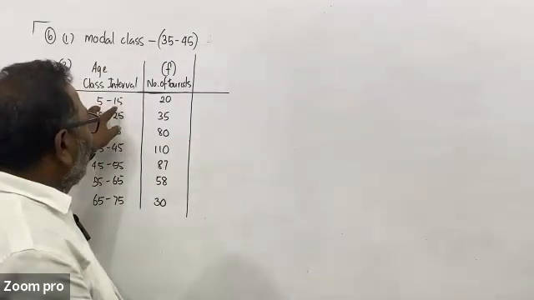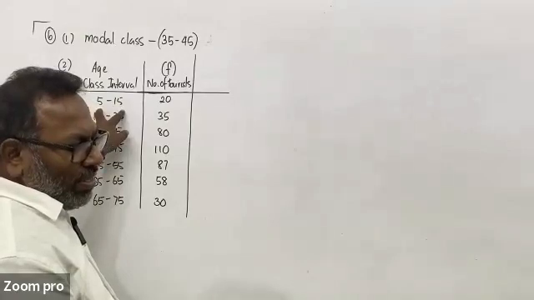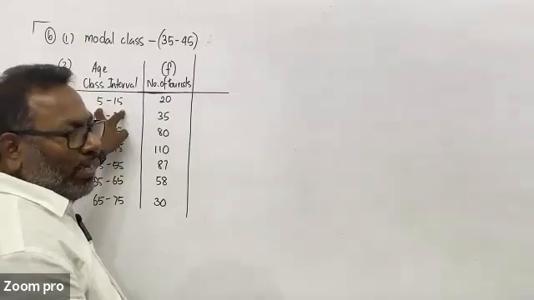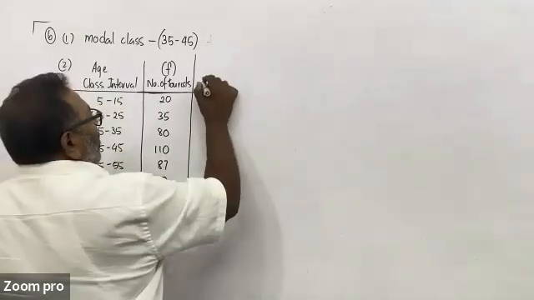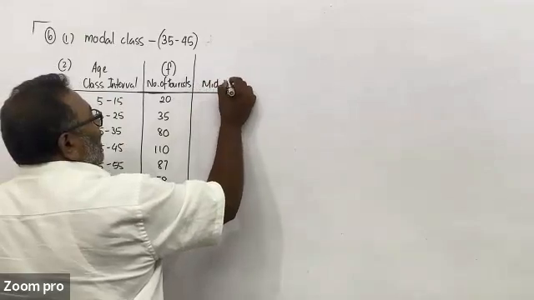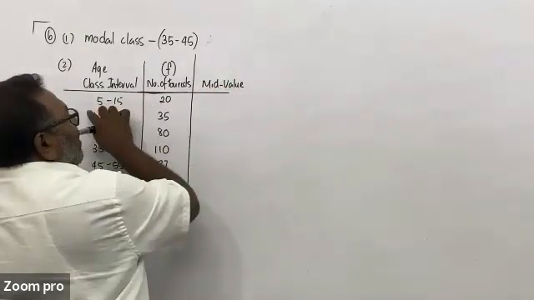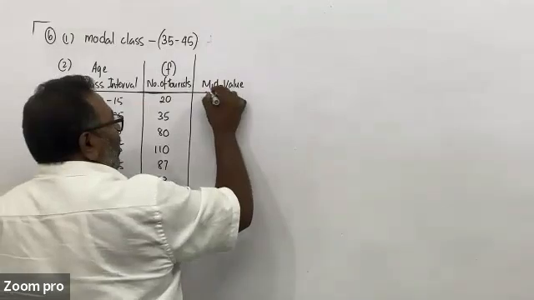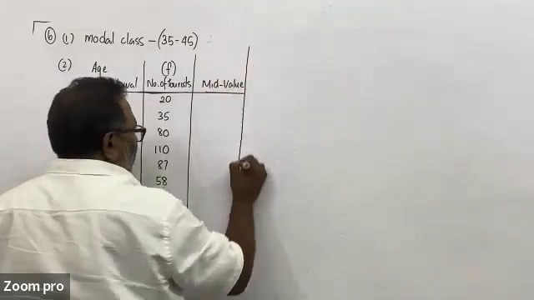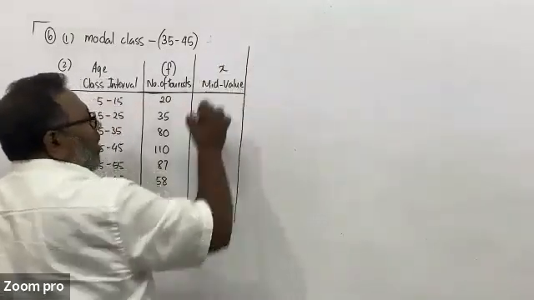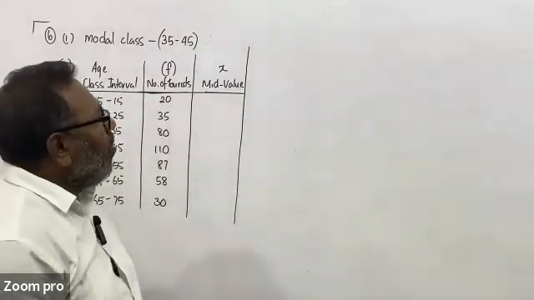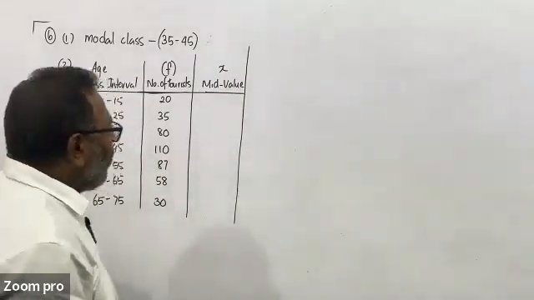Now, in order to find the mean, this is a grouped frequency distribution, so there is a value from this to this. We call that the mid value, the value that is representing this class interval, and we call that x. How do you calculate the mid value?